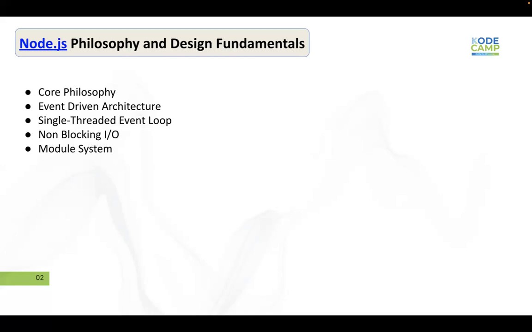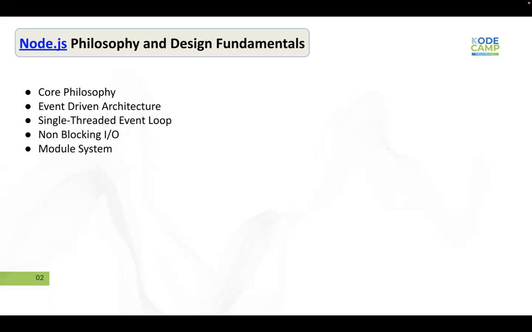Moving to the fourth one, we have non-blocking IO. Prior to Node.js, there was the traditional blocking approach versus the Node.js non-blocking approach. There are asynchronous operations and synchronous operations. When you perform synchronous operations, they block IO and have to complete before anything else can be done. But when it's non-blocking, while it's running under the hood, other operations are being carried out.